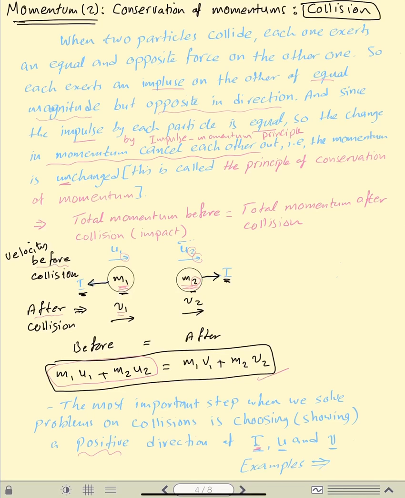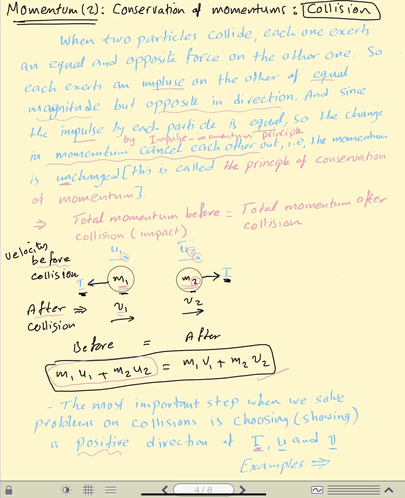Now, because the impulse on each particle is equal, the momentum in the whole system, in the whole motion when the two particles collide, will be cancelling each other out. So in simple language, the momentum will be unchanged, as shown here. I explained it here in the diagram.